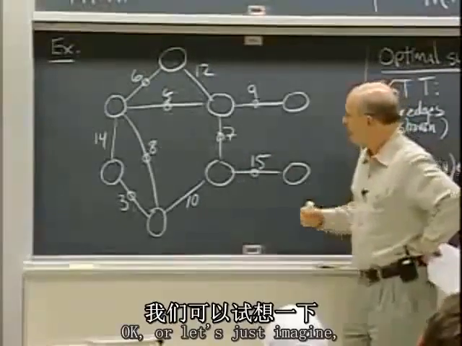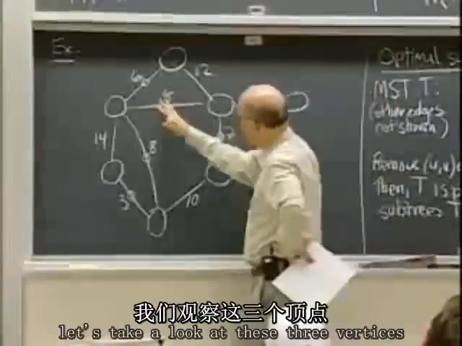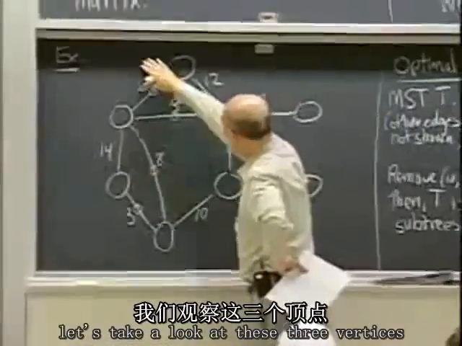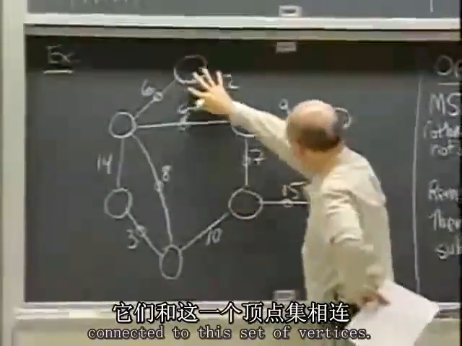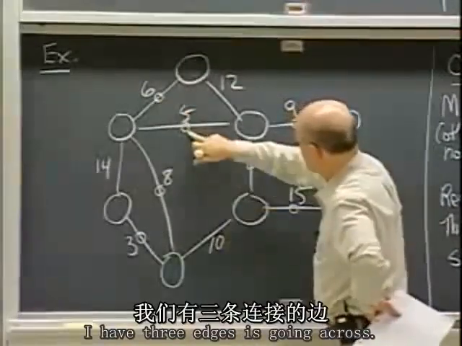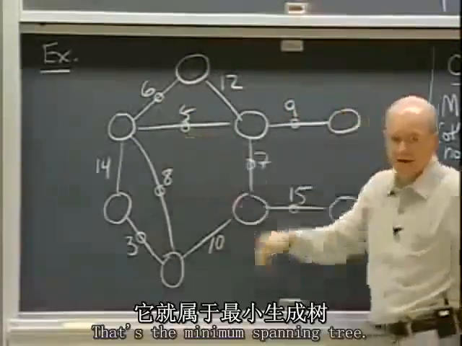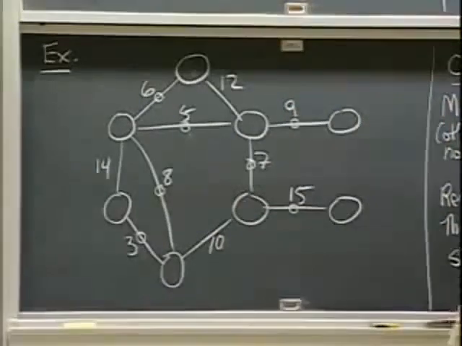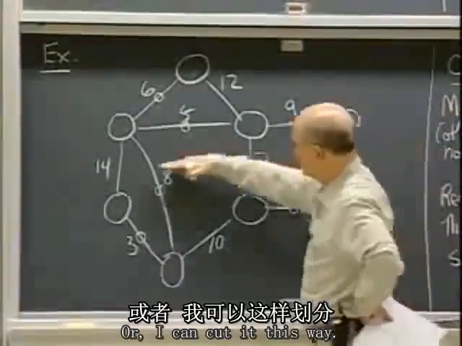Or let's just imagine, let's take a look at these three vertices connected to this set of vertices. I have three edges going across. The least weight one is 5. That's in the minimum spanning tree. Or I can cut it this way.